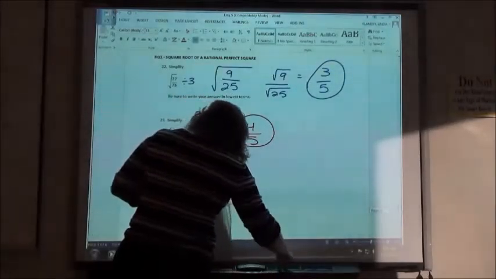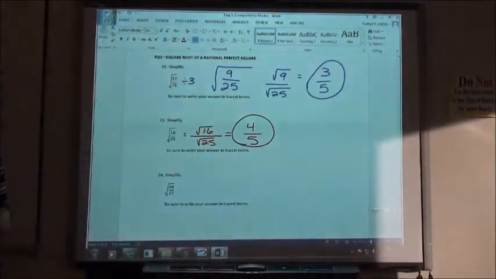And number 24, 48 over 27. They are not perfect squares, but I can divide them both by 3, right?